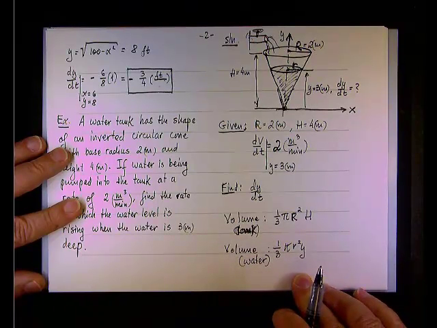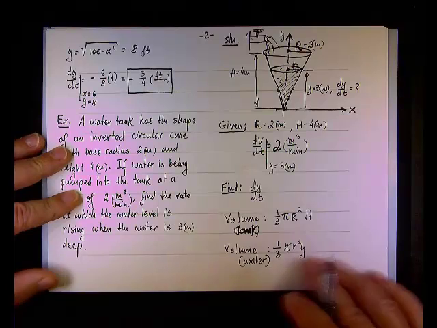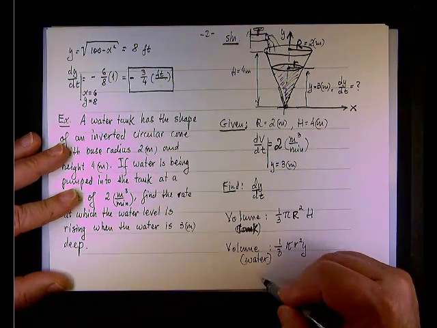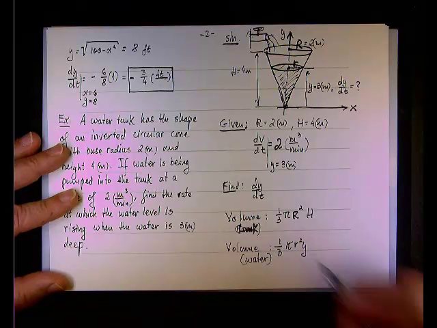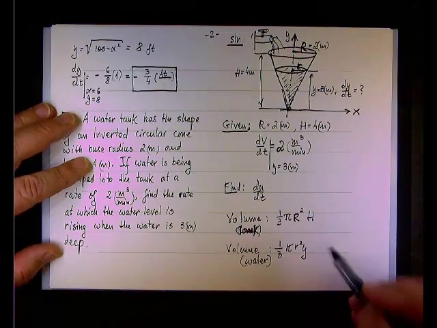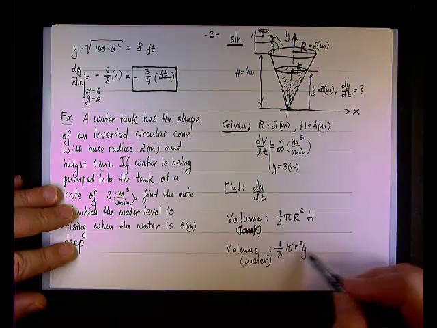So this is the volume, and when we take the derivative, on the left side we'll have dV/dt, which we know, and on the right side we have the result of the implicit differentiation. But at this point, I see that I have two variables on the right side.